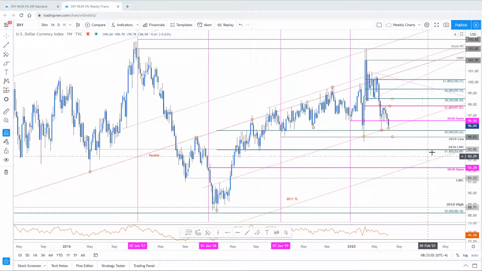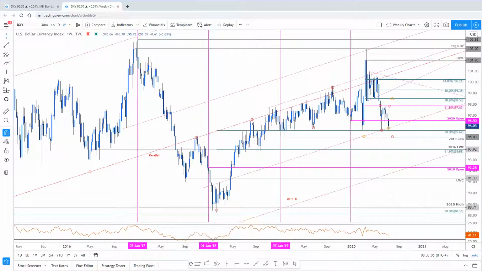So a region of which on a weekly basis, momentum's at 40. Remember, we haven't seen a 40 break in momentum since the 2018 lows. So certainly if we get a 40 break here and a break below 95.62, that's conviction short bias for DXY. Barring that, the immediate downside starts to look a little vulnerable heading into 95.62.